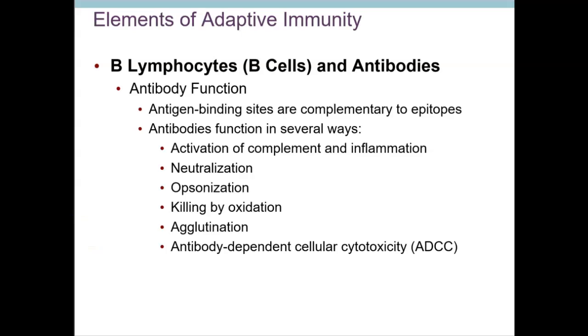Opsonization is another thing, and we already mentioned this because complement does opsonization too. Whether it's complement or antibodies, and often it's both, this is covering a protein, a bacterium, a virus, whatever it is, coating it with proteins that phagocytes, for example, have receptors for. They have receptors for the constant region of antibodies. That's the part of the antibody that sticks out if there's an epitope on a virus or on a bacterium.